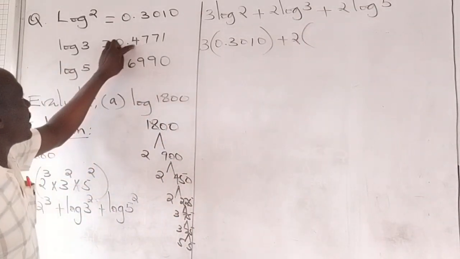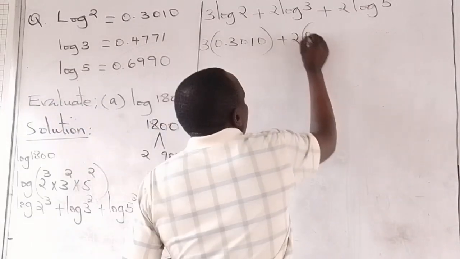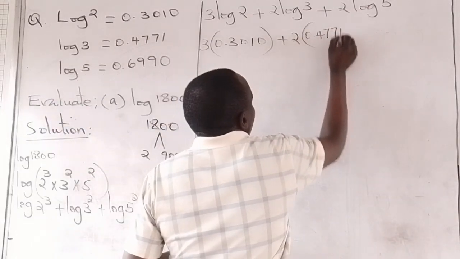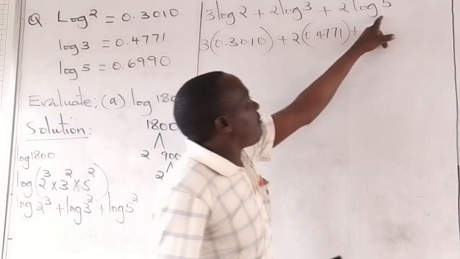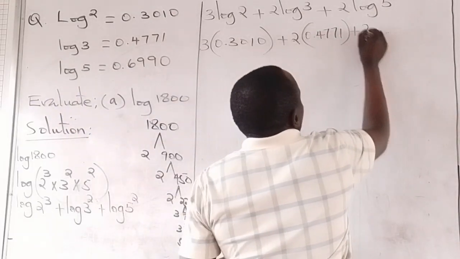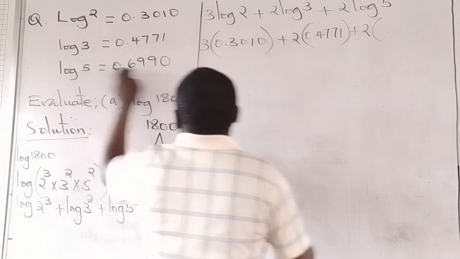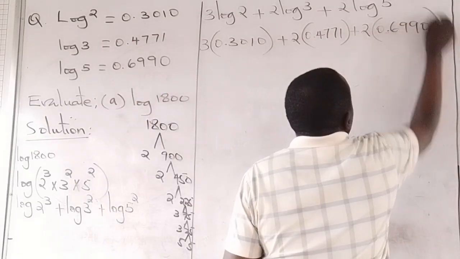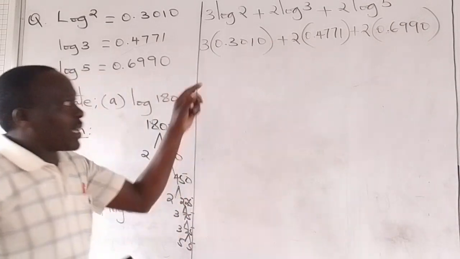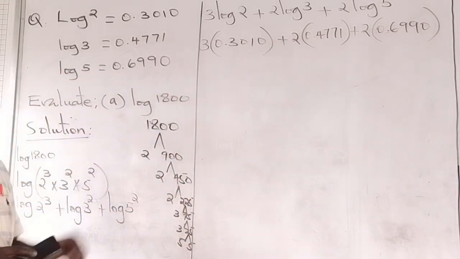The log of 3 is given here as 0.4771 plus we have 2 times the log of 5, which is given as 0.6990.